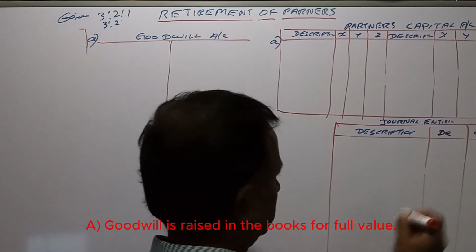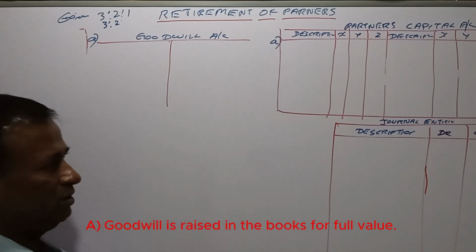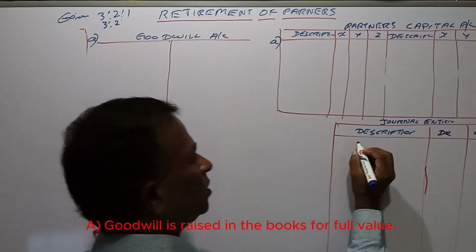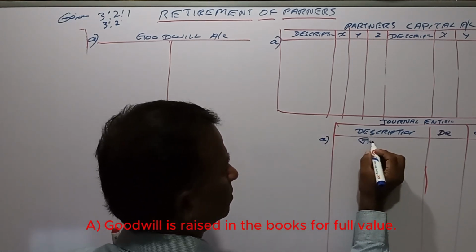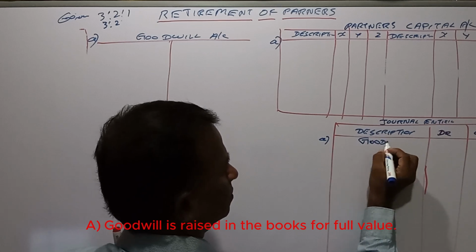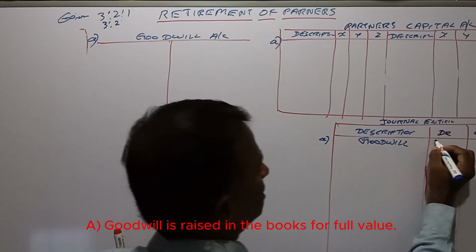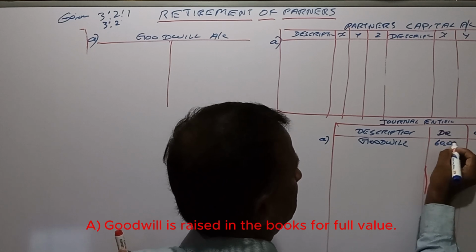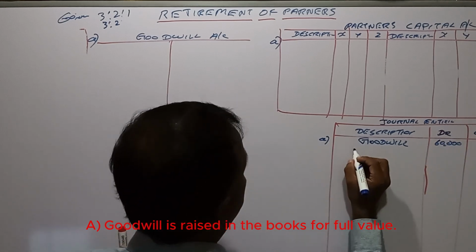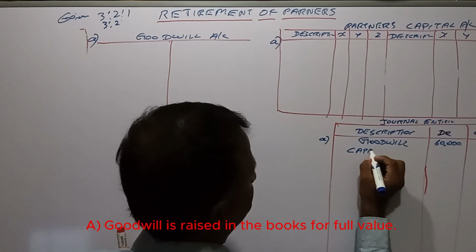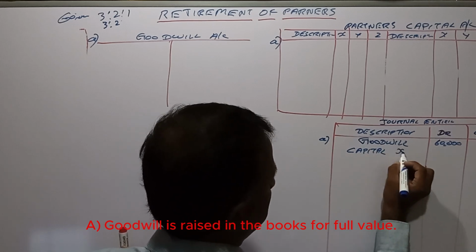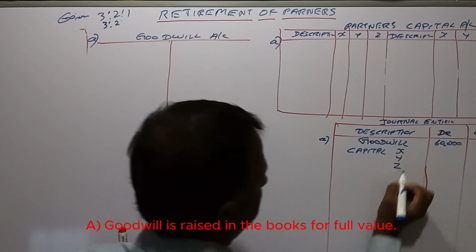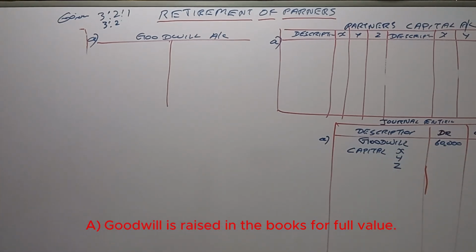60,000 goodwill is created. Then what is the goodwill? Double entry for goodwill account A, right? Goodwill account debit 60,000, credited to capital account of X, Y, and Z according to the previous profit sharing ratio, that is 3:2:1.